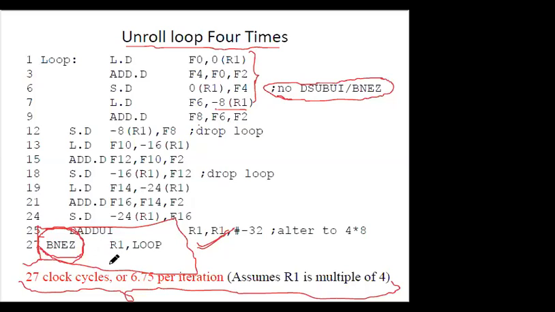Hence this instruction will be executed a single time, when the final termination of the loop has to be processed. So we saved almost 4 to 5 stalls, and the clock cycles required for the execution of this particular program will be 27 clock cycles only.